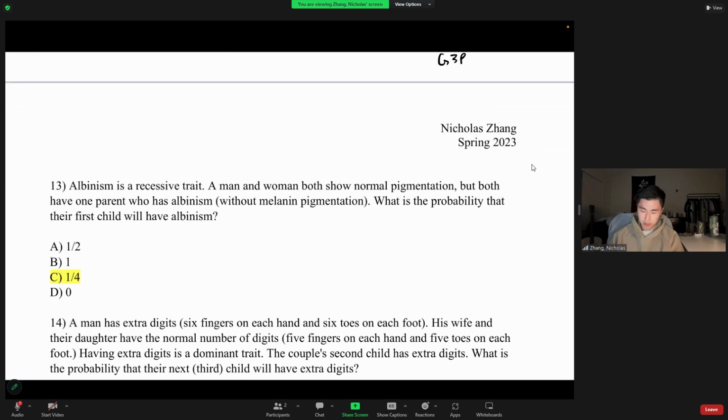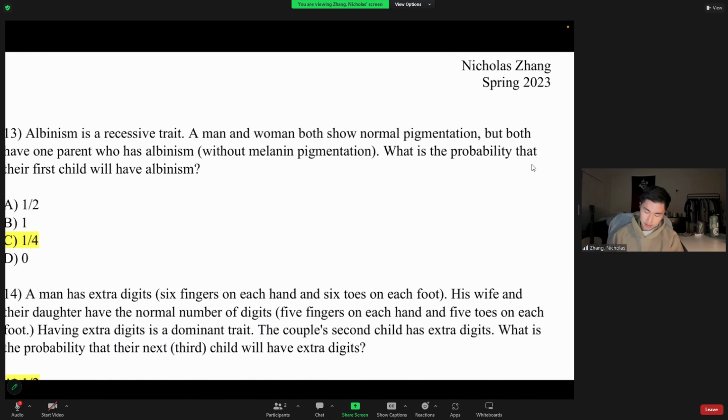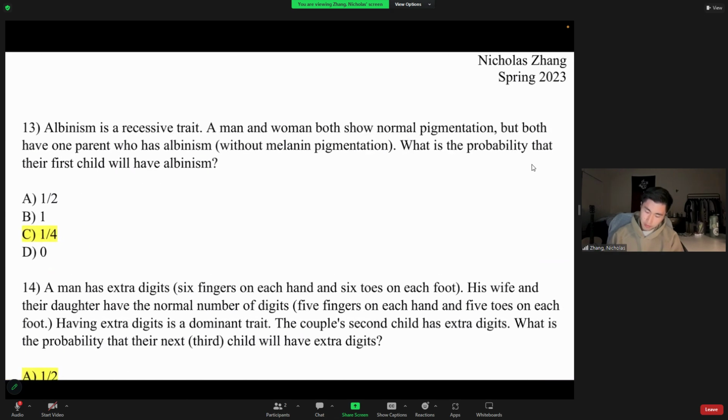Albinism is a recessive trait. A man and a woman both show normal pigmentation, but both have one parent who has albinism. So if a man and a woman have the common pigmentation, but one parent had albinism, which is recessive, that means both of the people had a parent who had albinism. So that means they're going to be heterozygotes, right?